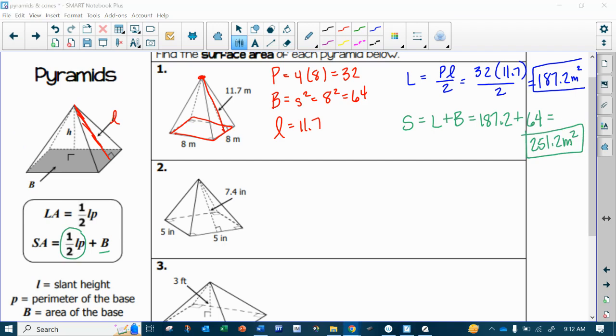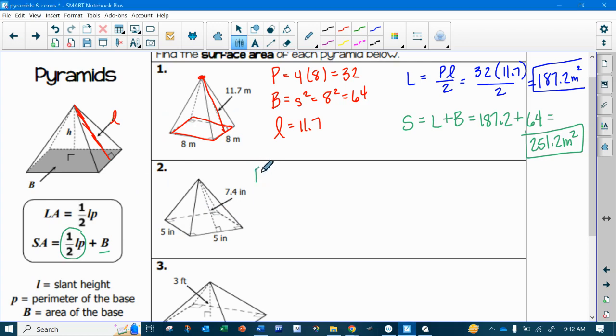All right. So number 2 is also a square base. So it's identical to number 1, except the numbers are different. So we're going to find the perimeter of the base. We're going to find the area of the base. We're going to find the slant height. So since it is a square has 4 sides, and each side is 5. So 4 times 5 is 20. The area of a square is going to be 5 squared.